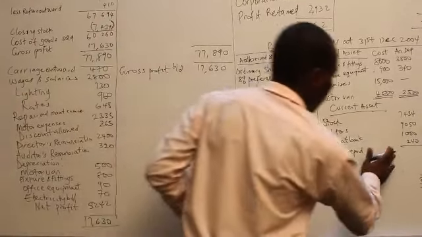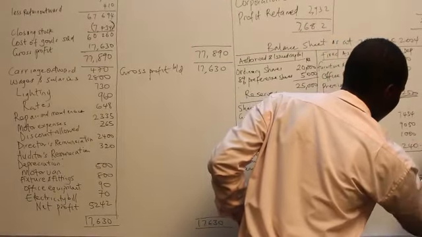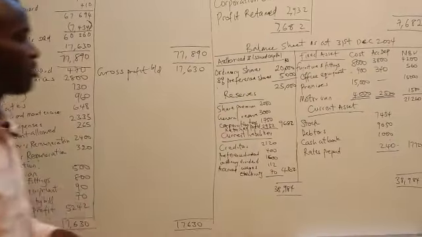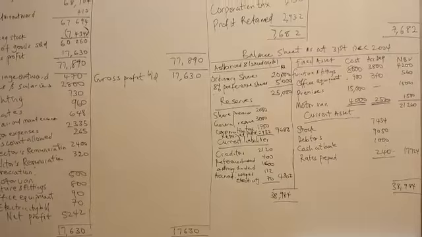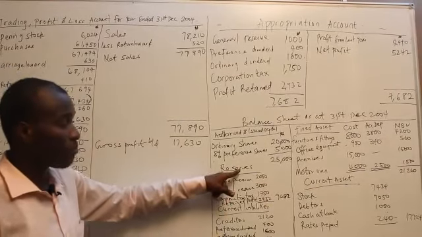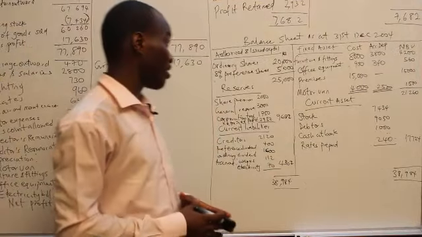Here it's actually 240, and moving it down we have 17,724. So you can just go around with the solution. And do not forget that retained profit forms part of the reserves of the organization.